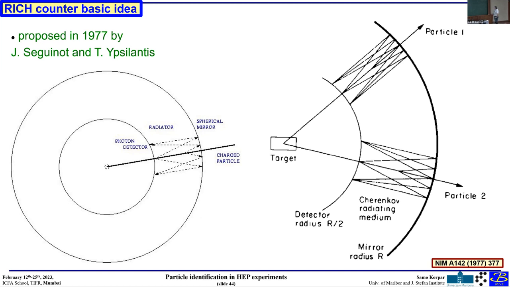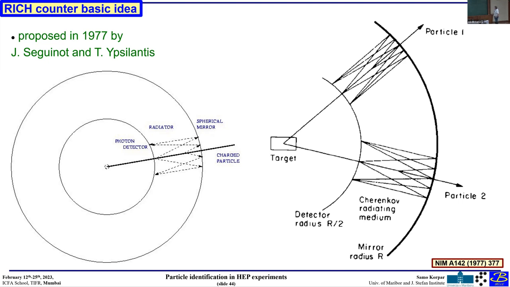So if you have a source of particles in the middle at the interaction point, and you put a spherical mirror all around, the light going in 1 phi around the track goes as parallel rays, and these rays will be focused at the half of the radius, where the focal plane of the spherical mirror is.